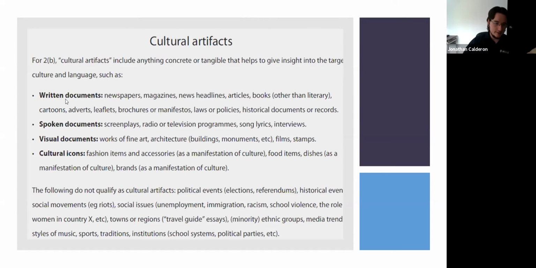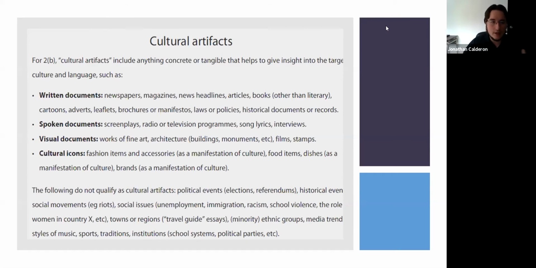Now, it says here on the bottom, the following do not qualify as cultural artifacts. So political events, elections, referendums, historical events, social movements, that is riots, social issues, for example, employment, immigration, etc. Towns or regions, ethnic groups, media trends, styles of music, sports, tradition, institution, etc.